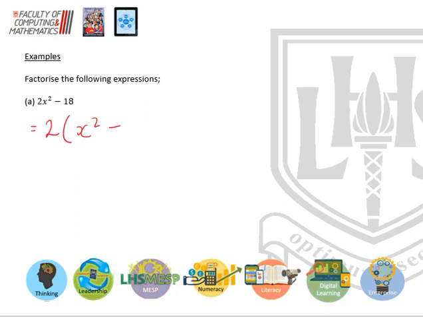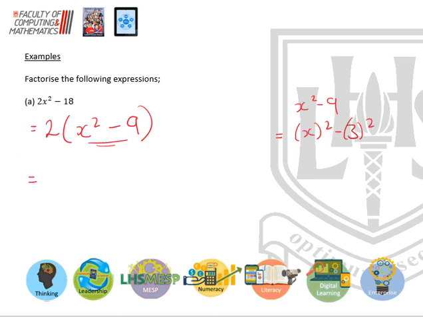So the first thing we should be doing here is taking out that factor of 2. 2 bracket x squared minus 9. Now the risk is that you'll do that and think, oh, job done, I've factorised. There's the brackets. But what you need to notice is that once you look in there, that x squared minus 9 is actually a difference of two squares on its own. That is x squared, and that 9 is 3 squared.